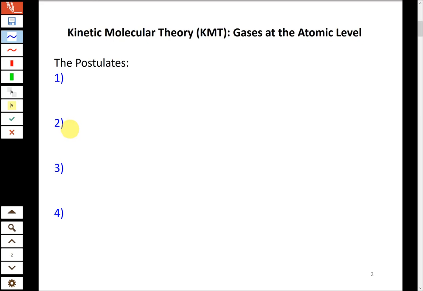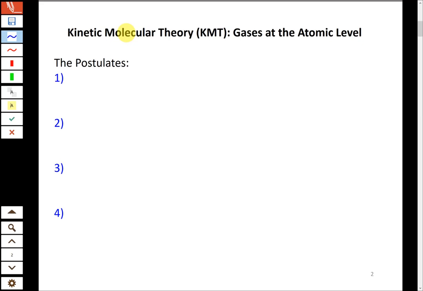Today we're going to describe a theory called kinetic molecular theory, which explains the behavior of gases. Again, those are the 2 parts of any scientific development: a law, which is a description of what happens, and a theory, which is a description of why it happens. Kinetic molecular theory is the theory that describes the behavior of ideal gases.